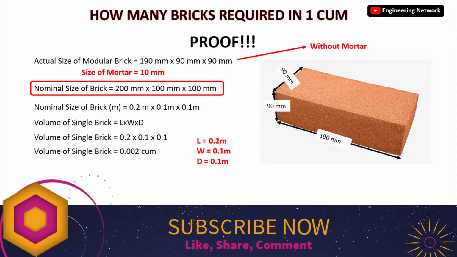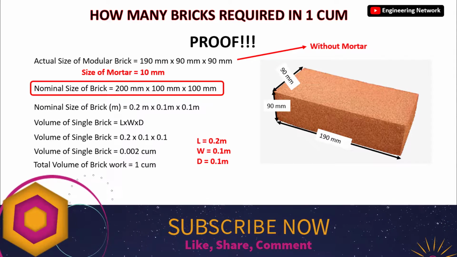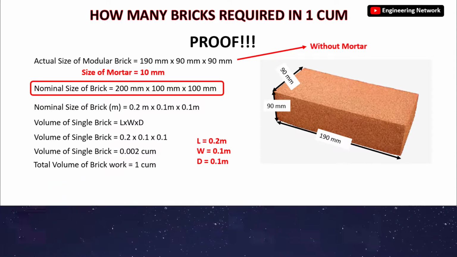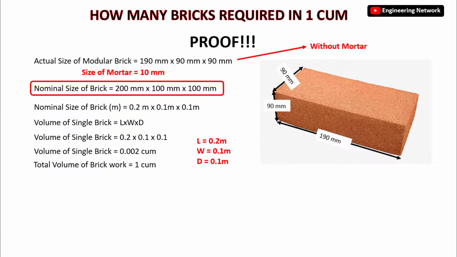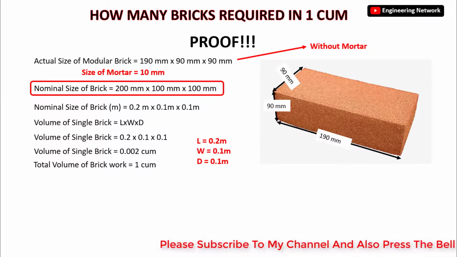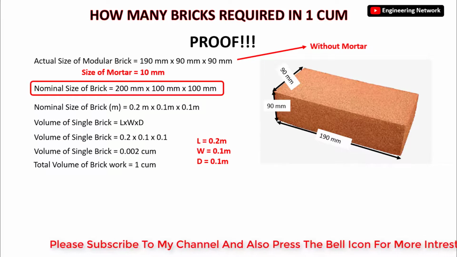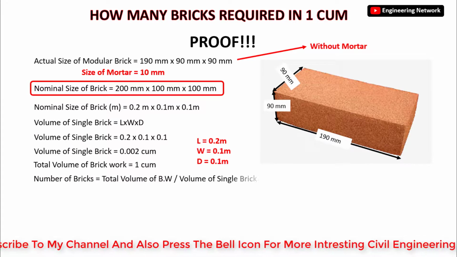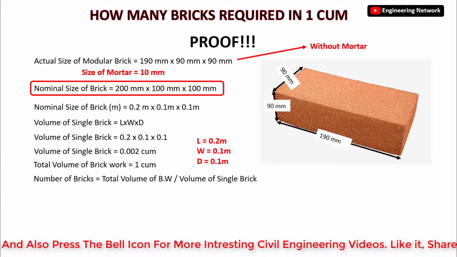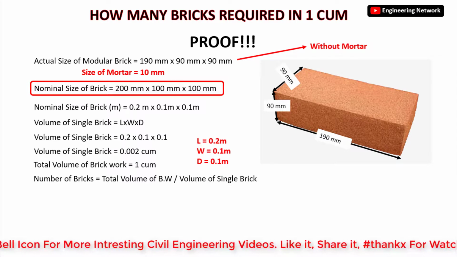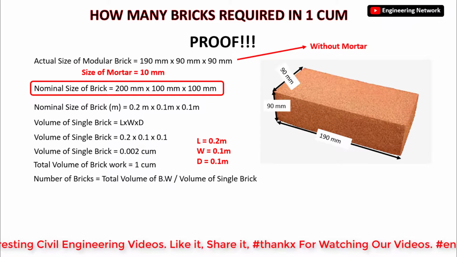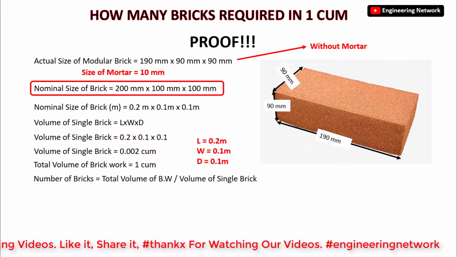Now I have the total volume, which is 1 cubic meter, and I also have the volume of a single brick. If I divide the total volume by the volume of a single brick, I will get the number of bricks. So let's do it. The number of bricks is equal to the total volume, which is 1 cubic meter, divided by the volume of a single brick, which is 0.002 cubic meter.